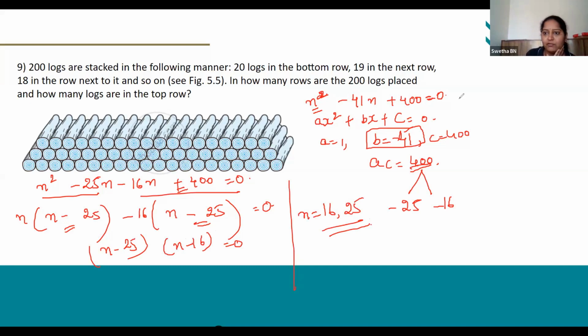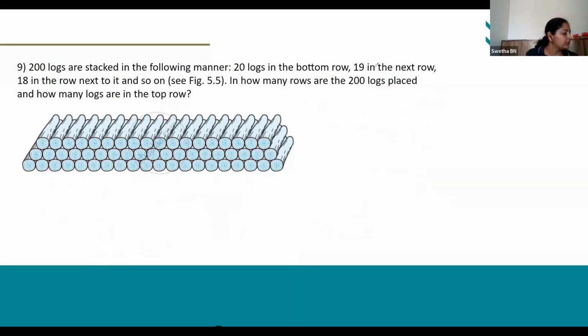And you have to find out, if the number of rows is equal to 16, how many logs will be there in the top row? What are the values? n is equal to 16 and 25.